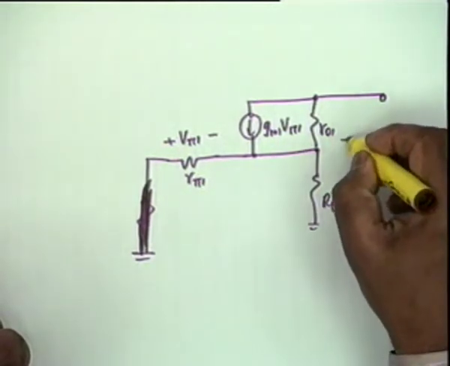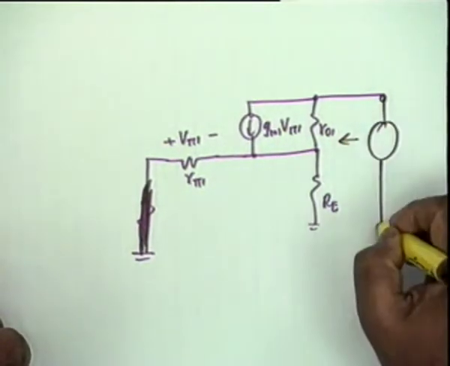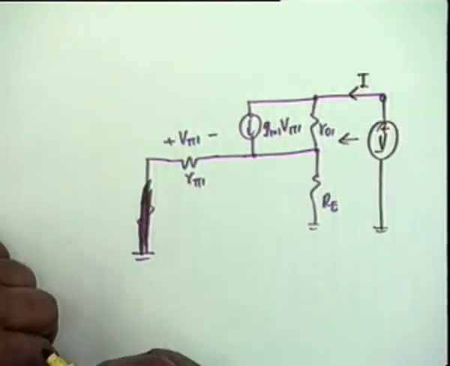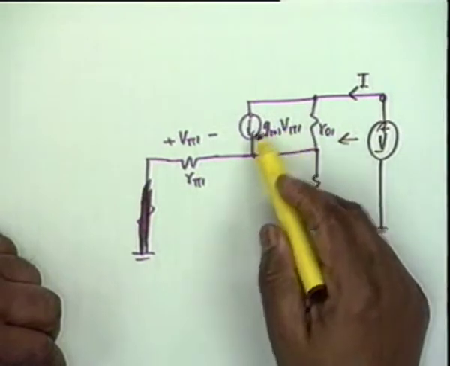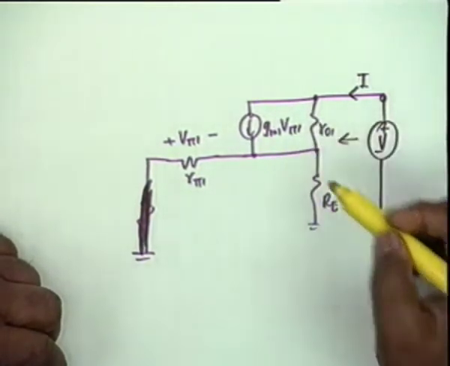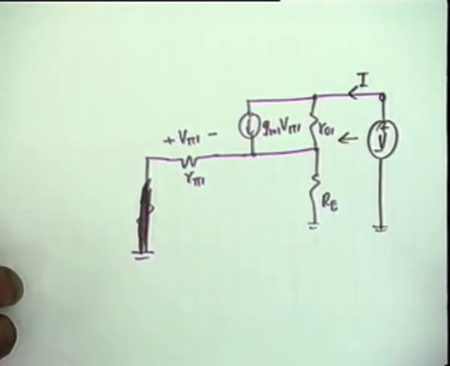So what we want to do is to calculate this. So you connect a voltage source here and find the current I. Now you cannot ignore GM1 V pi 1 as having infinite internal impedance because there is an impedance across it, R01.